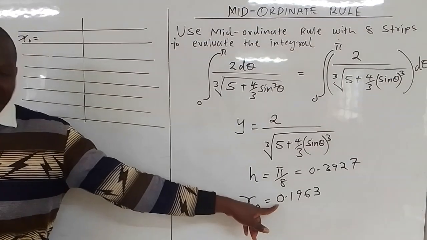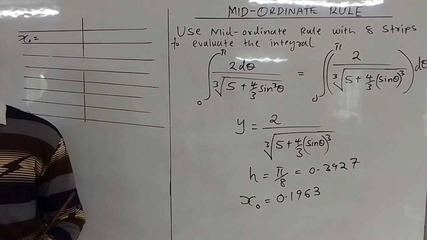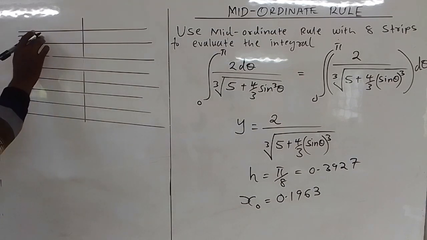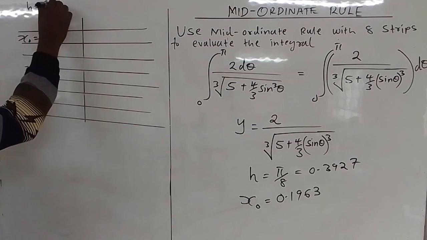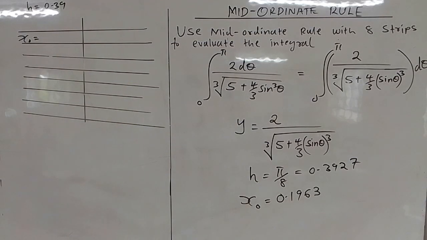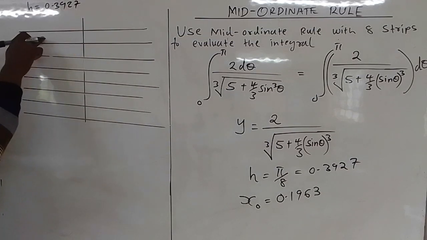That is where you found x0. You must get x0 and h. So here, you write h on top there. What did you get to be h? 0.3927. And what have you found to be the first middle ordinate?